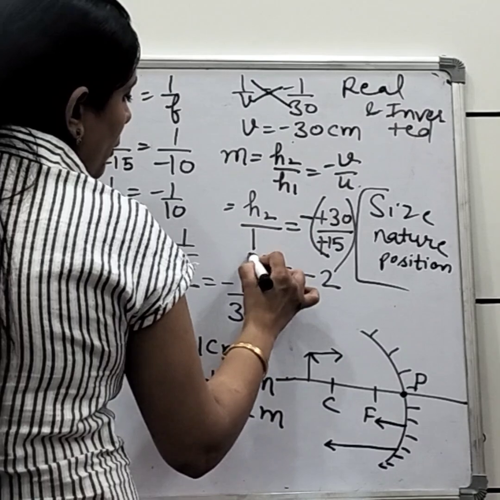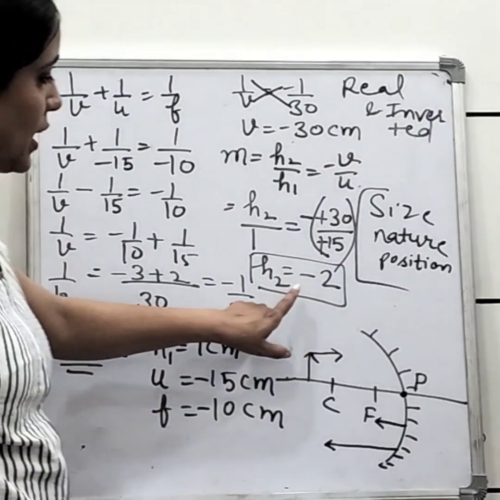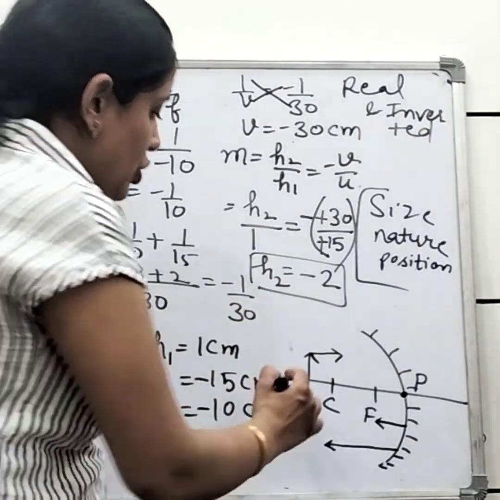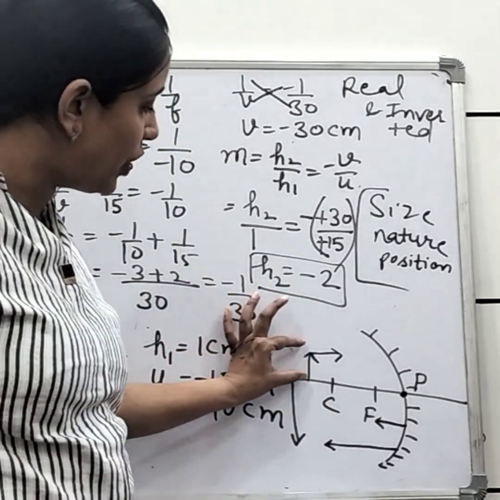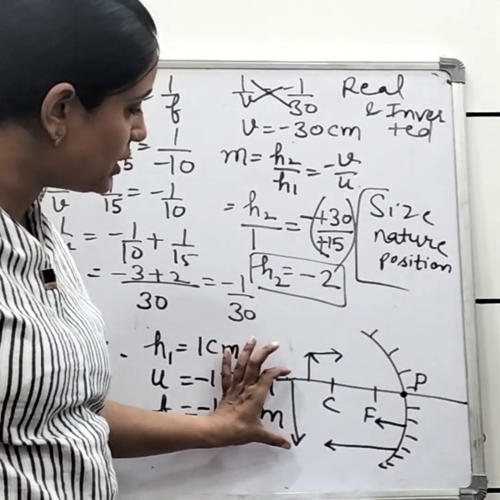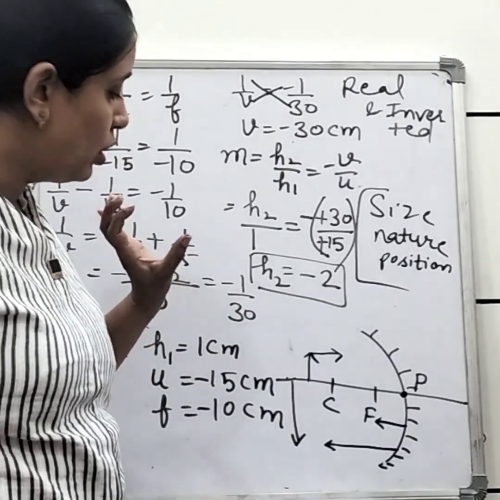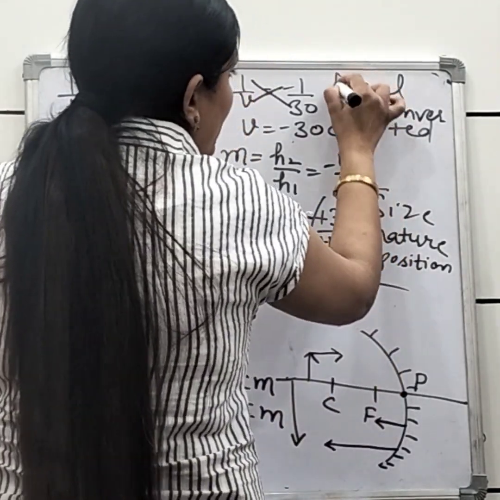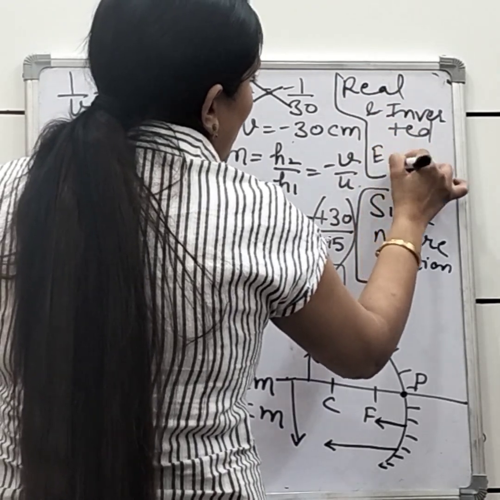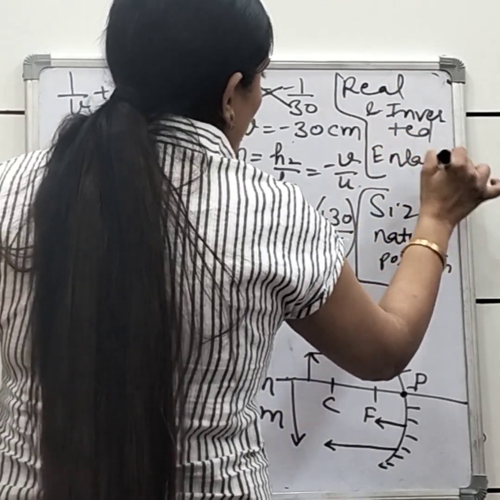So h2 is equal to minus 2. The minus sign means downward direction, and 2 means the size of the image is larger than the object. So a magnified image is formed, an enlarged image, real and inverted.